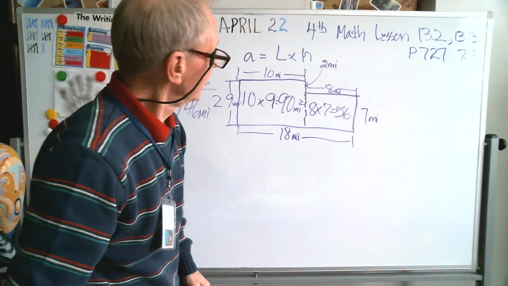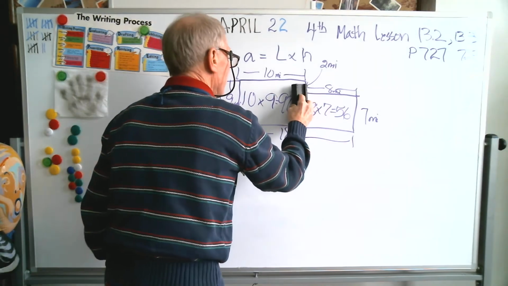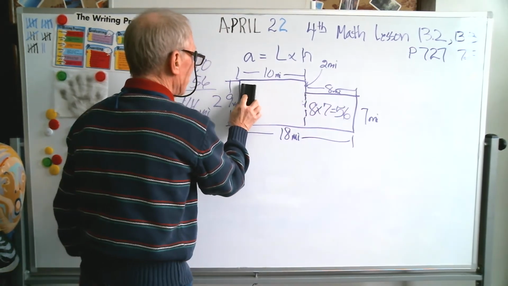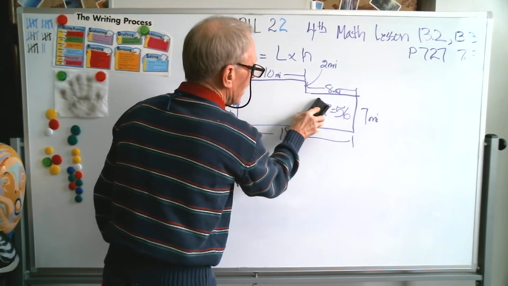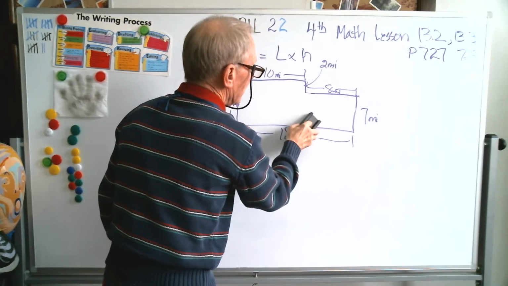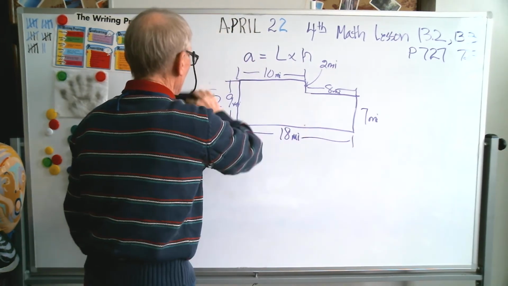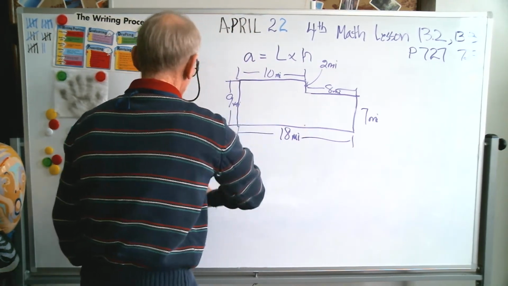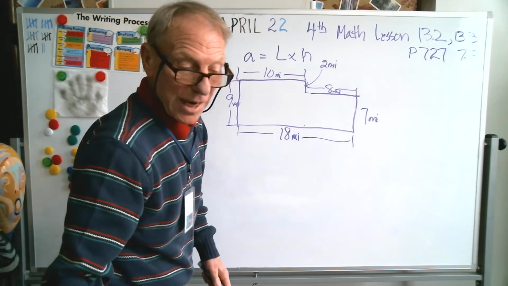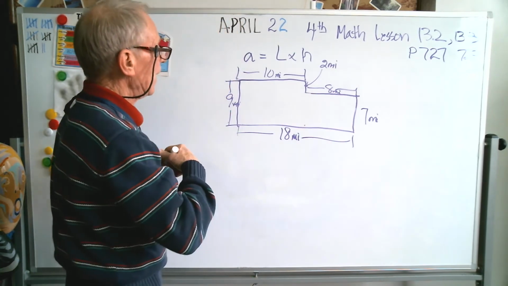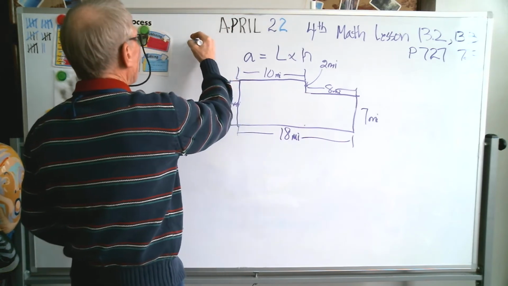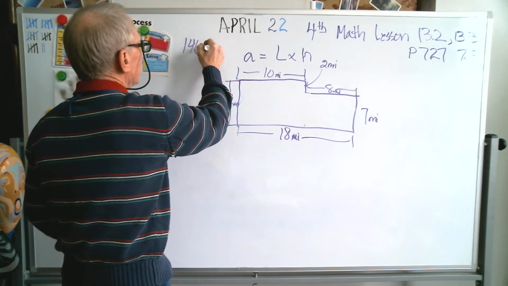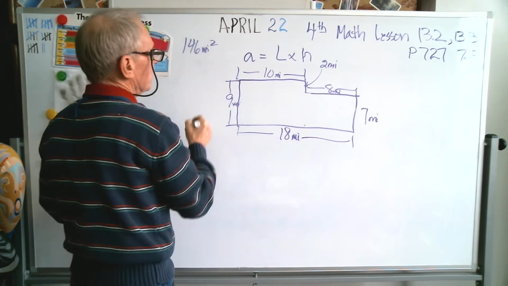Now, just for giggles, we know the answer is 146. Let's do it and break it up the other way. Because you can. As long as you can break the shape into regular shapes. Remember, our answer was 146 miles squared.